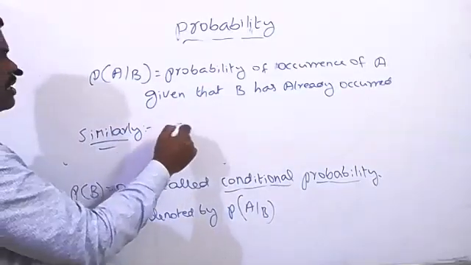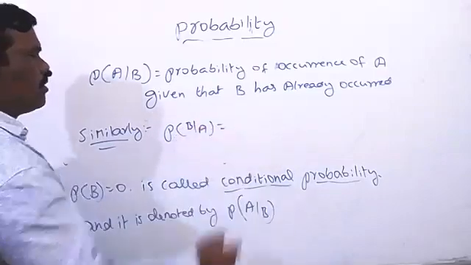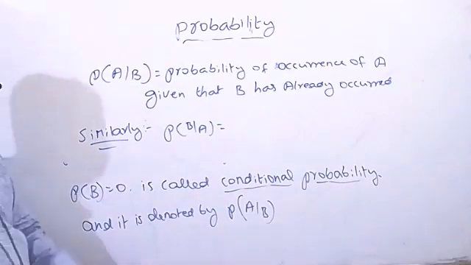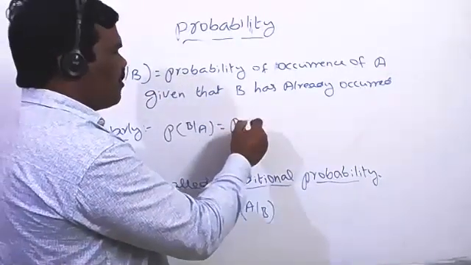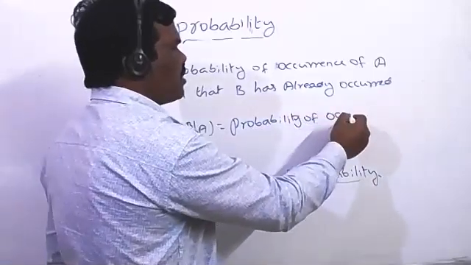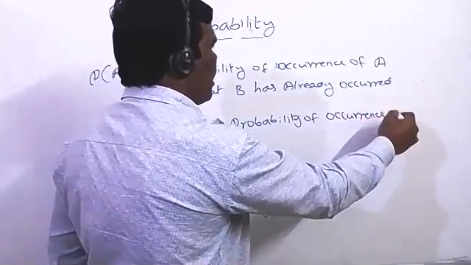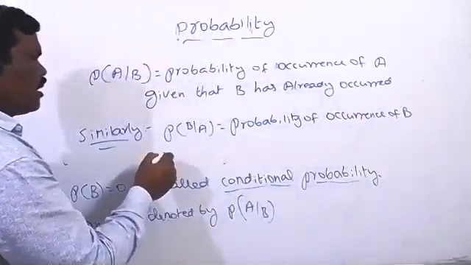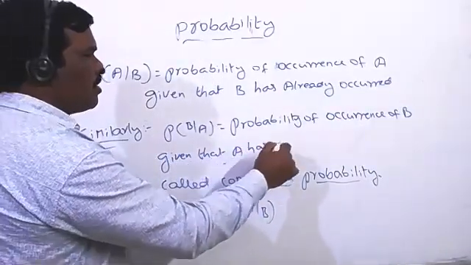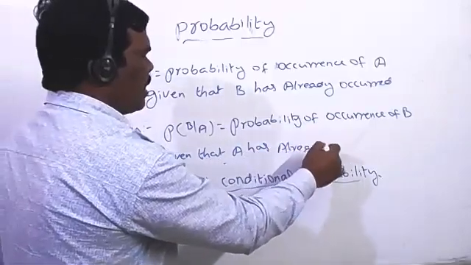Similarly, what is the meaning of probability of B by A? Tell me now. The probability of B by A is equal to the probability of occurrence of B given that A has already occurred.